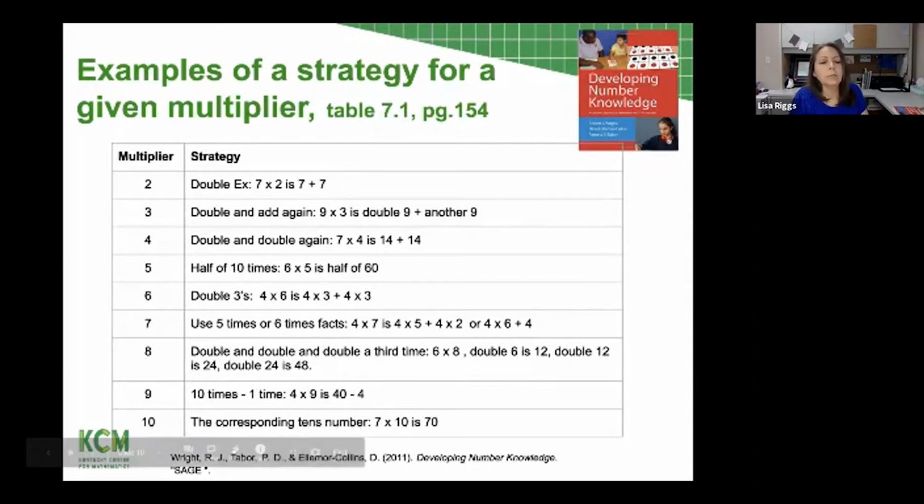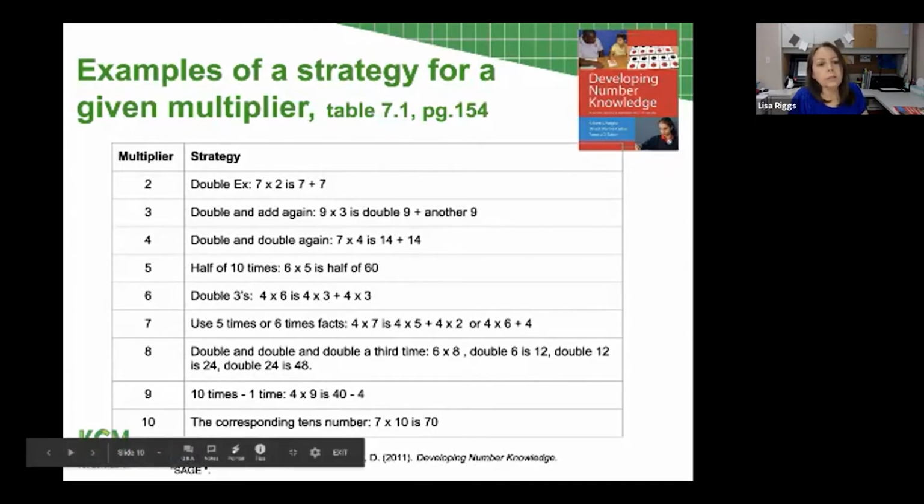Okay. Bonnie mentioned the nines trick with fingers yesterday, which is a trick. But we want kids to think conceptually. What does it mean to multiply by 9? So if we think, oh, well, I could just multiply by 10 and then take off a group, that's a stronger conceptual understanding than just thinking about holding up fingers and counting and doing that nines trick.